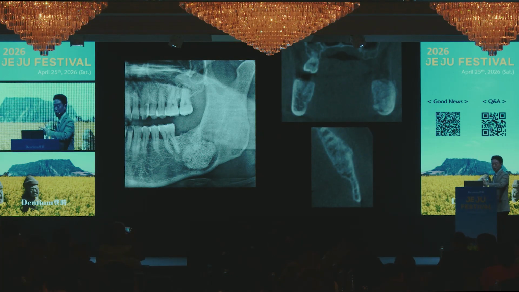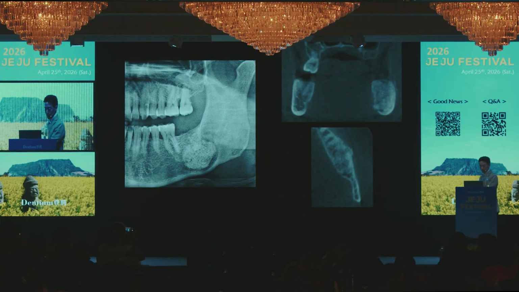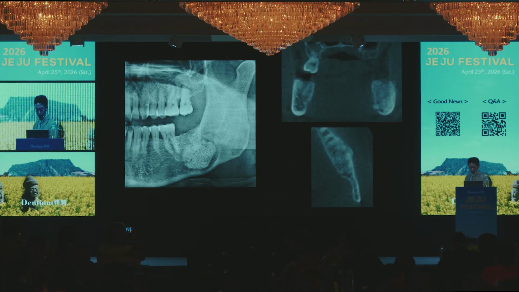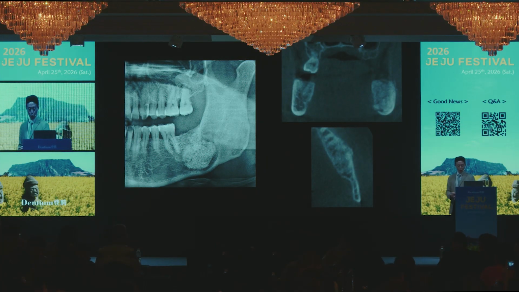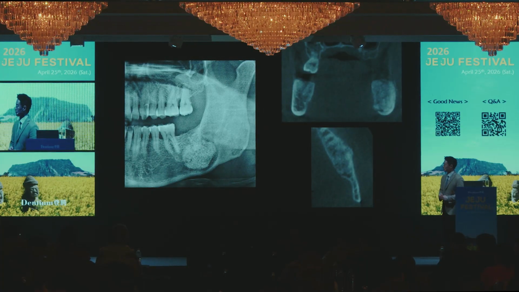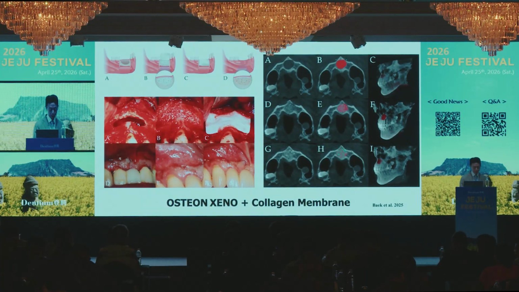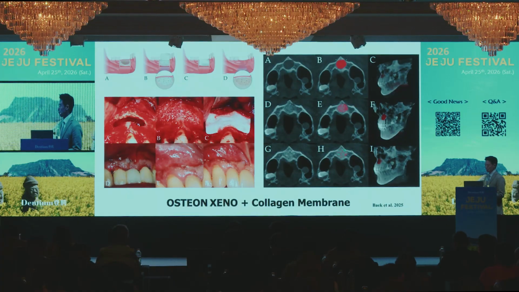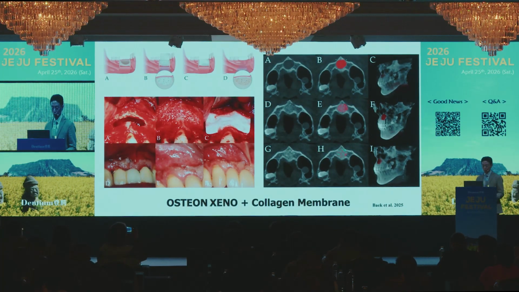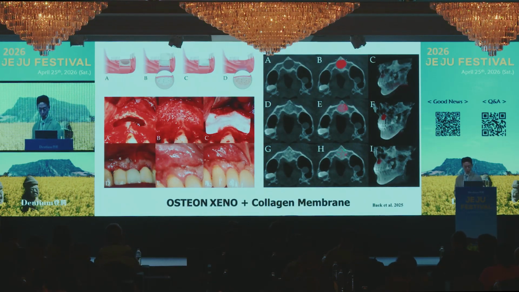This is 3 years later. You can see that the bone has formed very well with sufficient bone density. I conducted a multi-center clinical study with 30 patients using this combination of Osteon Geno particle and collagen membrane. This study demonstrated stable bone formation even in extensive bone grafts.